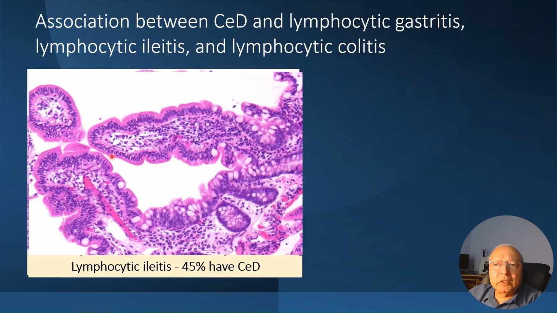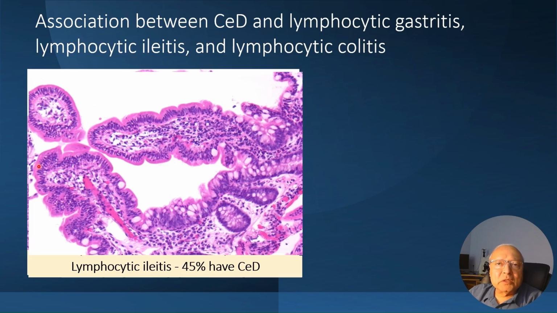And then in the epithelium, you have increase in lymphocytes, and this is lymphocytic ileitis. Now, this has a very high association with celiac disease because, after all, celiac disease is lymphocytic enteritis, primarily duodenitis, but it may also extend into jejunum and ileum.